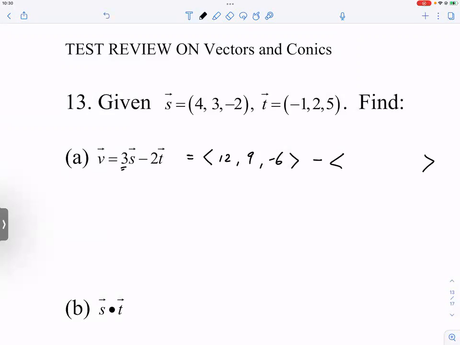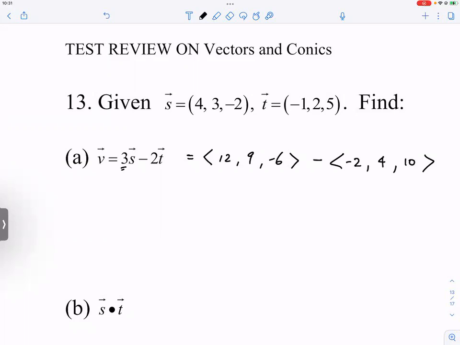Now, what I saw most often from the last test is that when there's a minus, people start to freak out. The way I handle this is I'm going to keep the minus over there, and that means I'm going to multiply the 2 into the t, just the 2, not negative 2. So negative 1 becomes negative 2, and 2 becomes 4, and 5 becomes 10.